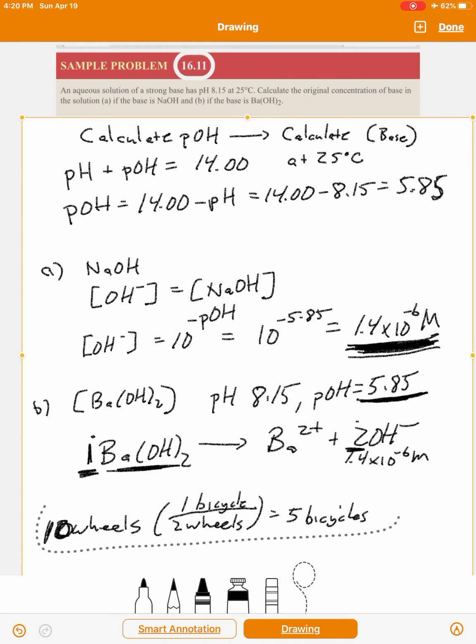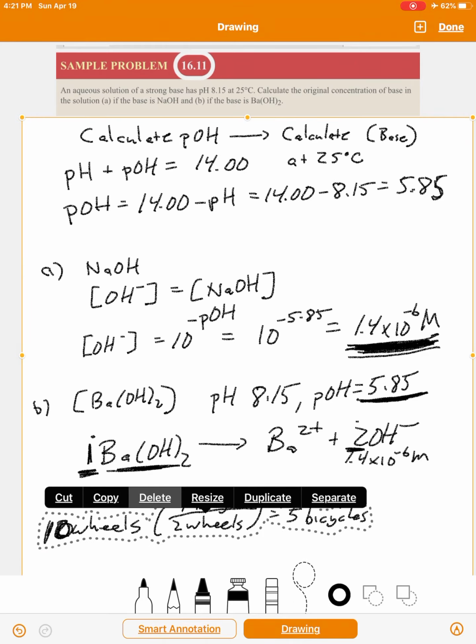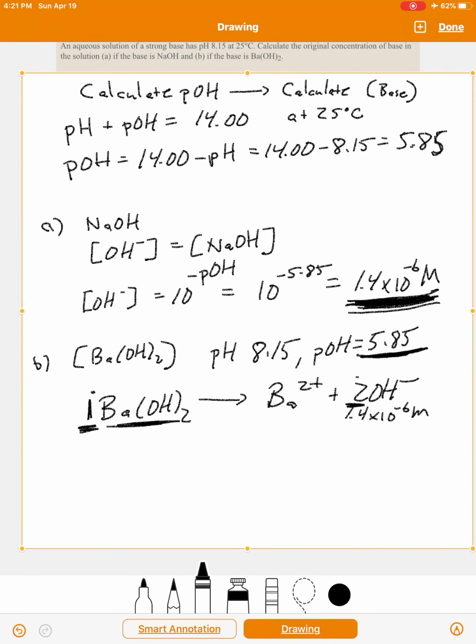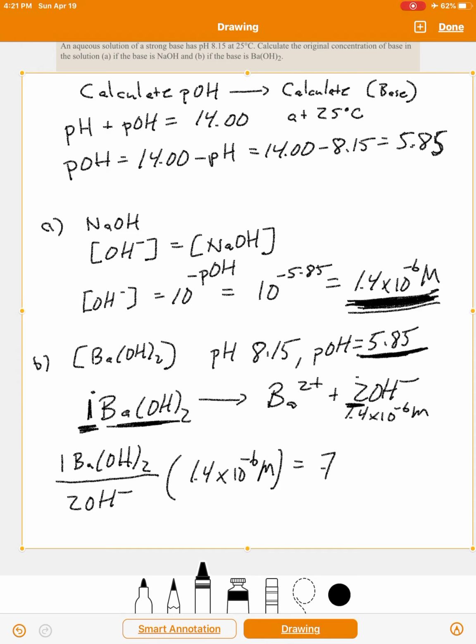We'll erase this. So it's 1 barium hydroxide for every 2 hydroxides. And the amount of hydroxide we have is 1.4 times 10 to the minus 6 molar. So that would be 7.0 times 10 to the minus 7 molar barium hydroxide.